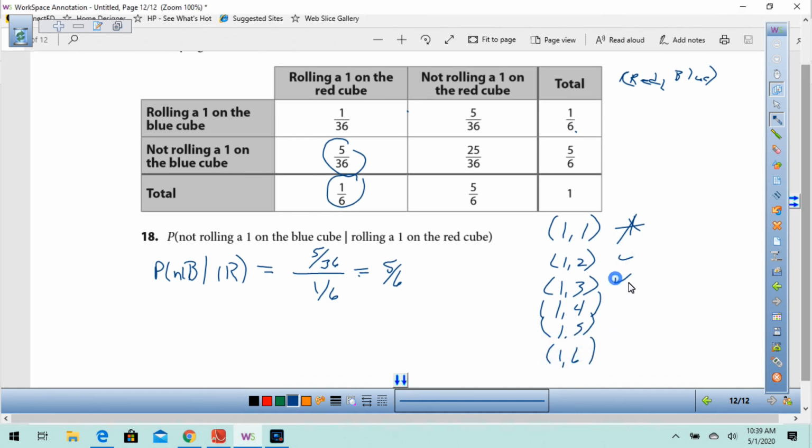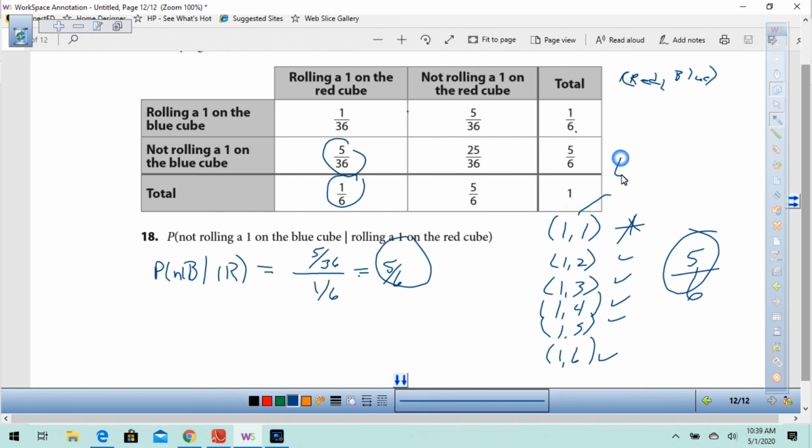These are the ones that you want. That's 5 out of a total of 6, which is the same answer we got both ways. Okay, and this one here is just using logic to figure it out. And that one there is just using the table.